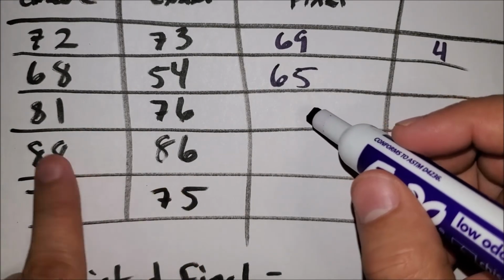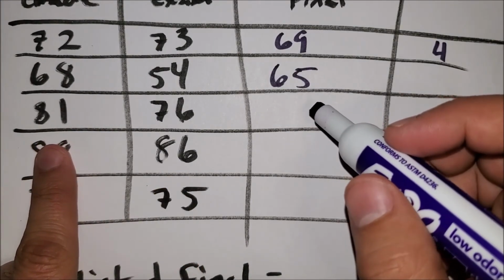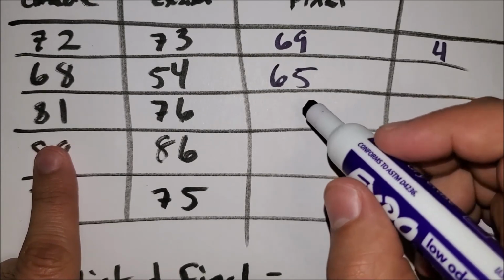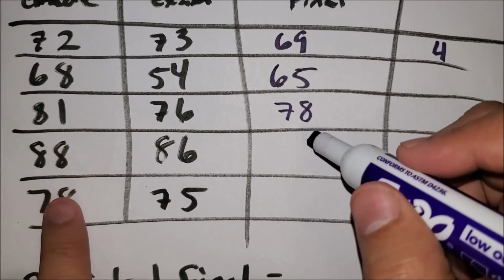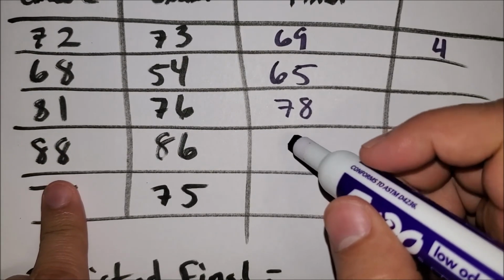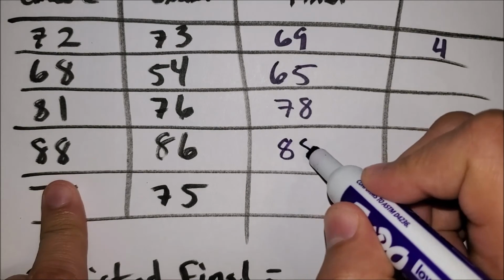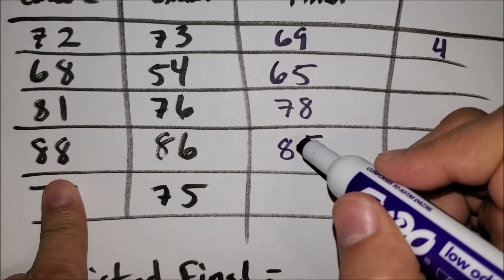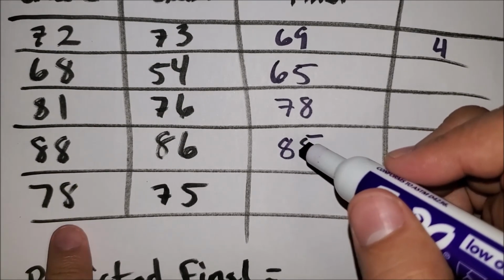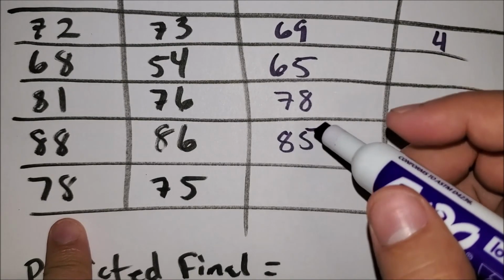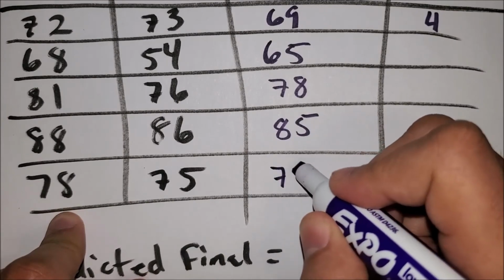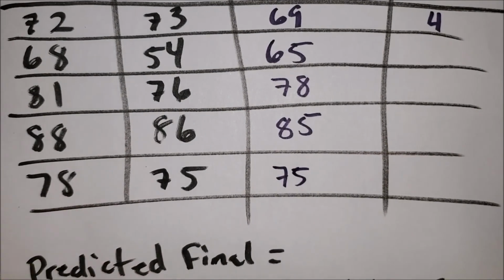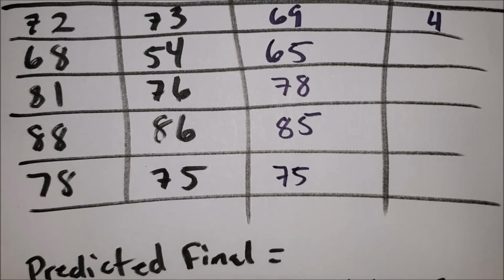For this one, with our actual grade of 81, the predicted grade will be a 78. For this one, the predicted grade will be about an 85. And for the 78 here, the predicted grade will be about a 75. Now, take note that I did round all of these to the nearest whole number.